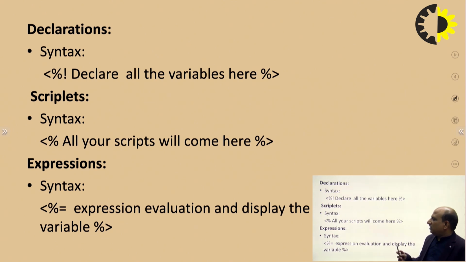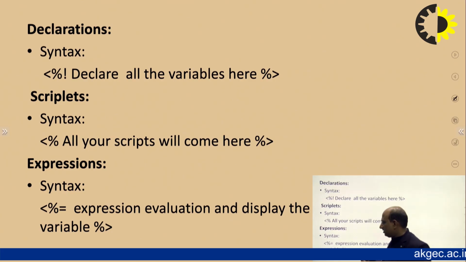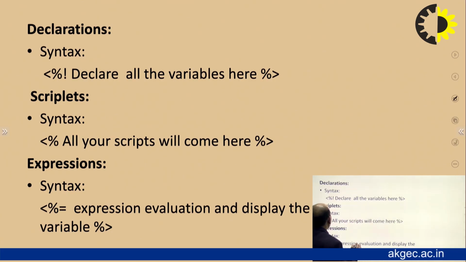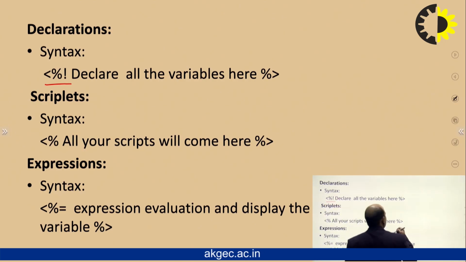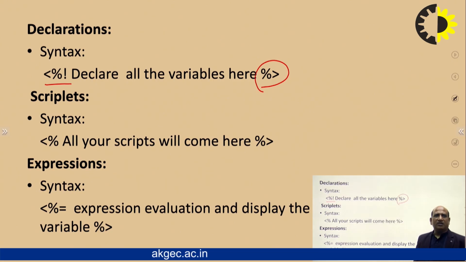So what is the syntax and how are both different, let us understand. The declaration tag starts with this symbol: angular bracket, percentage, and exclamation mark. Each JSP tag ends with this percentage, angular bracket.